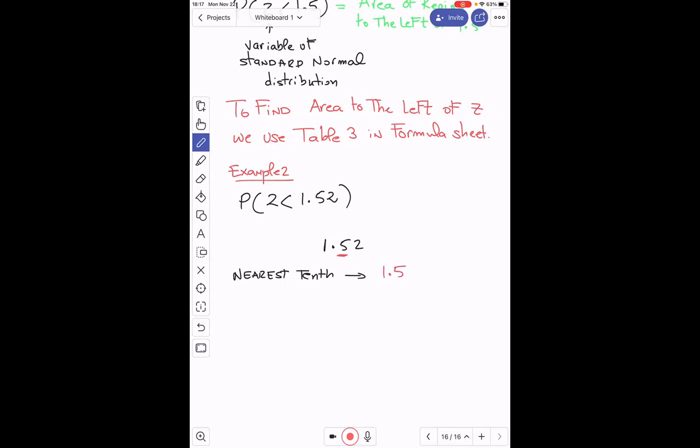And then the nearest hundredth would be the second digit, the 2 here. So that's the 0.02.